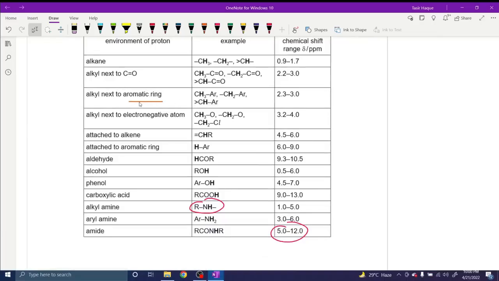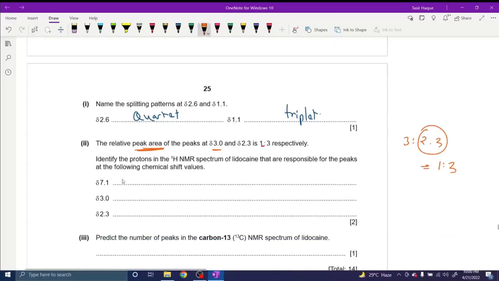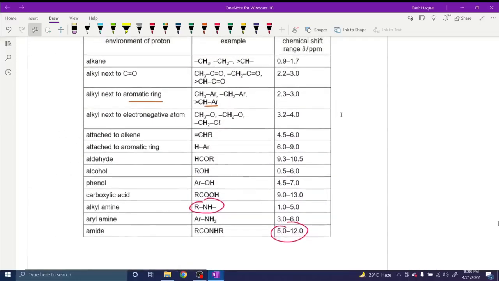You can just say hydrogen attached to aromatic ring, or you can just go for HAR. That's fine. What about the one at 3?